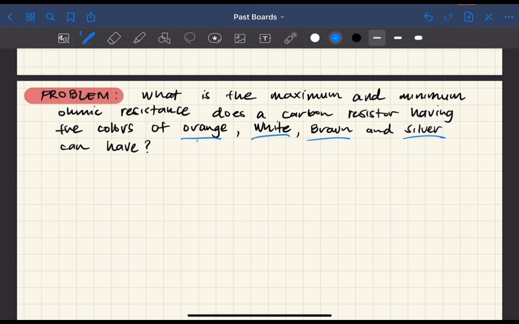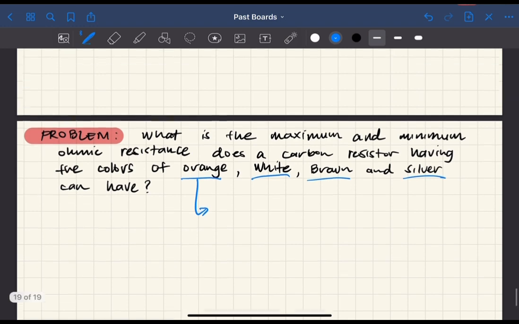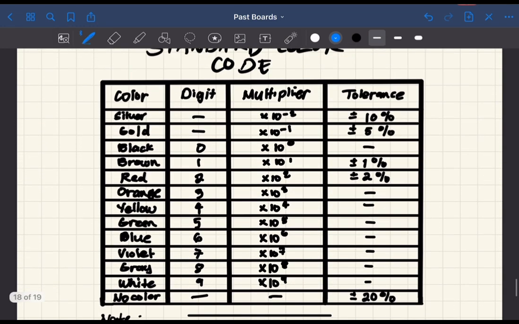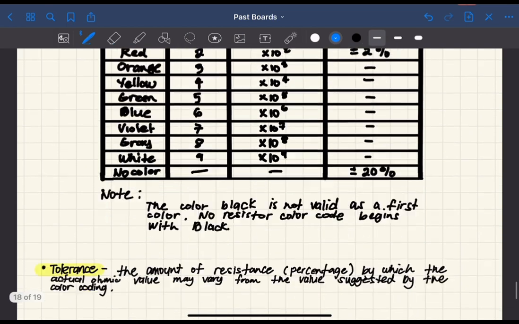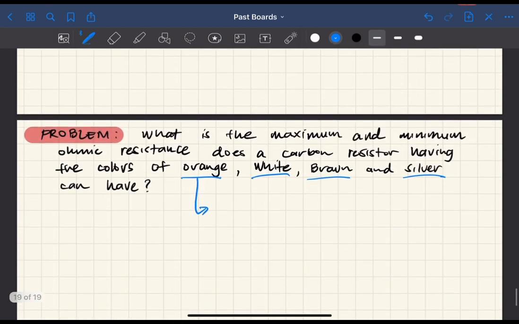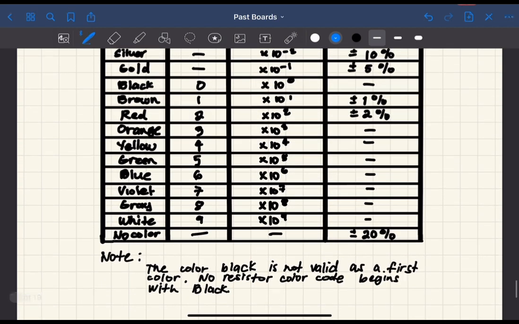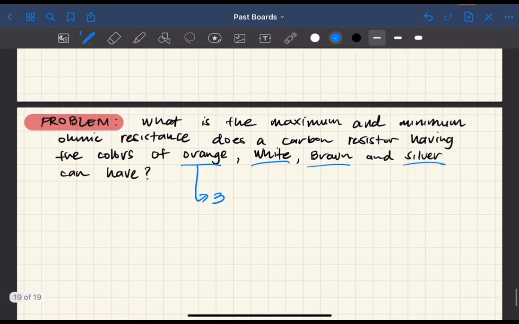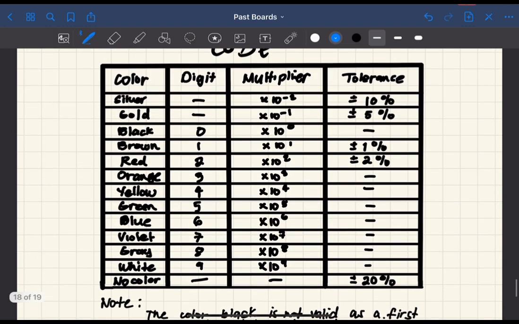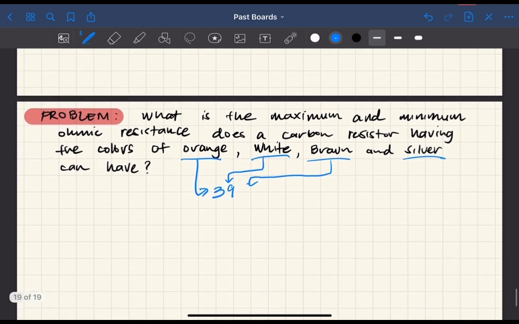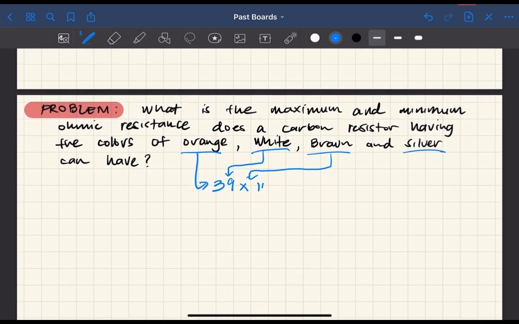So orange represents the number 3 from the color code, and white represents the number 9. Brown represents the multiplier 10 raised to 1, so this is times 10 raised to 1.